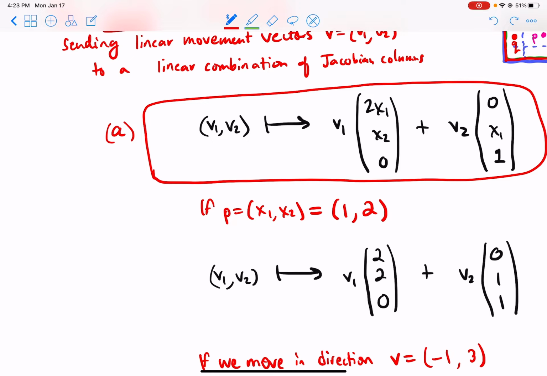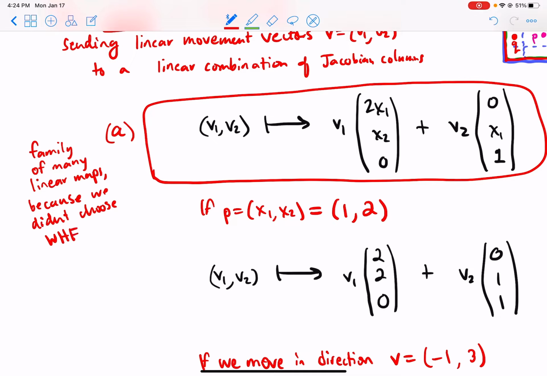And so really this is like a family of many linear maps because we didn't choose where to linearize.